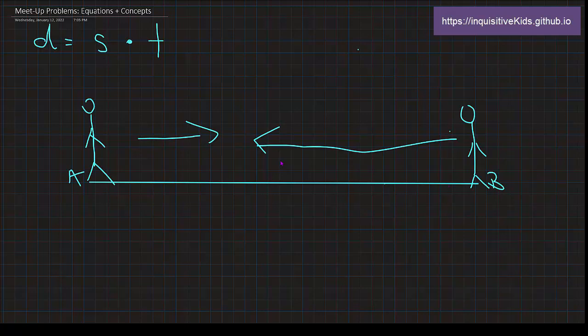For example, over here, this is where they meet. Okay, I'm gonna put a little flag right here. Not a very nice flag.